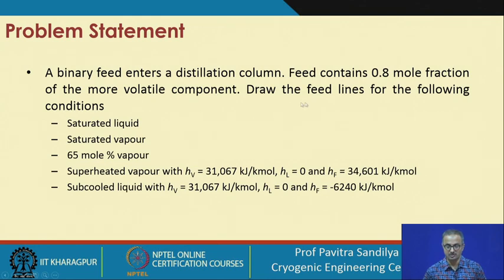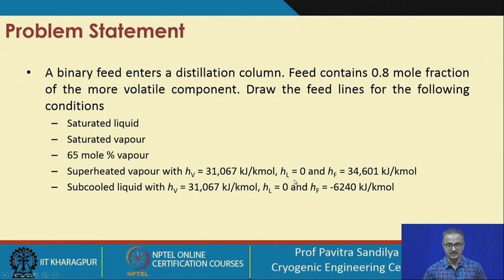Now, we have been asked to draw the feed lines for the following conditions, that is for saturated liquid, saturated vapor, and some mixture in which we have 65 mole% of vapor and the rest is liquid, and superheated vapor and subcooled liquid. For these last two conditions, the vapor enthalpy, the liquid enthalpy and the feed enthalpy have been given.